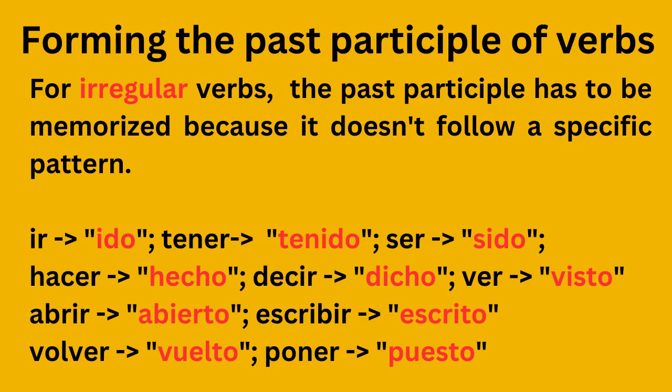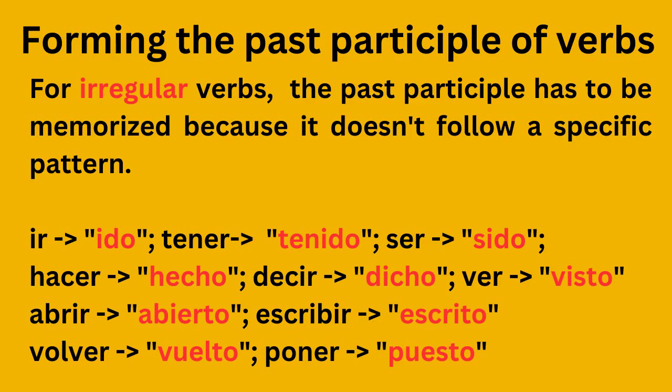Here are some examples of irregular verbs in Spanish and their corresponding past participles. Ser, sido. Ir, ido. Tener, tenido. Hacer, hecho. Decir, dicho. Ver, visto.